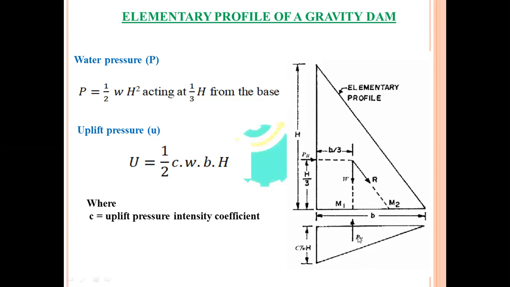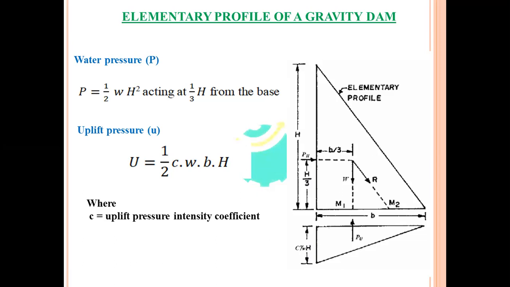Next one is the uplift pressure. U equals half of C W B H, where H is the height of the reservoir only, because on the upstream side the water height is the same.